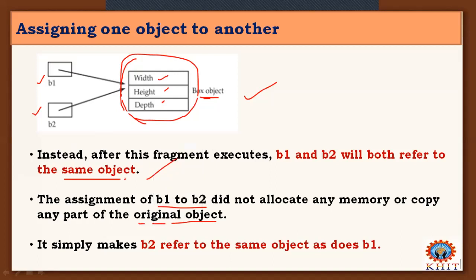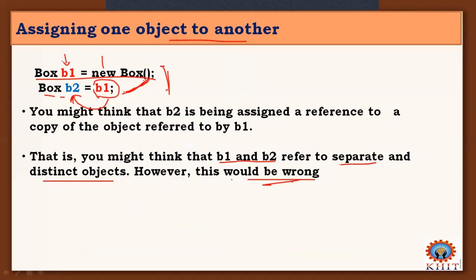So, as we already used in the previous one, here for object B1 we have used the new operator. Here only it creates memory for an object of the Box class, and the reference is B1.